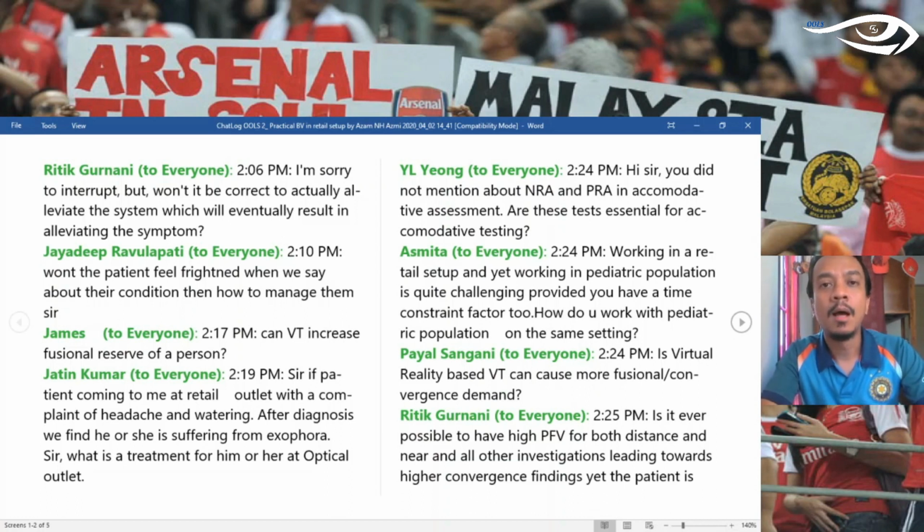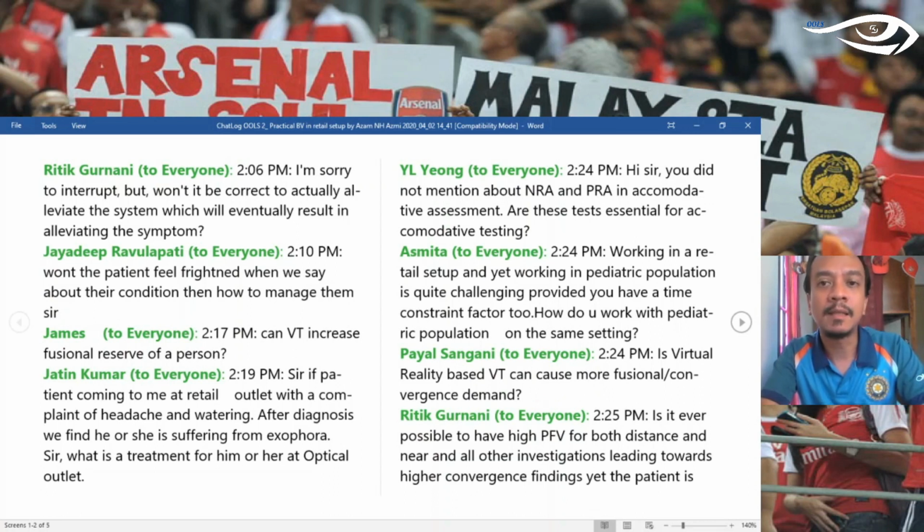So I try to figure out the best test possible that can give you almost every piece of information that you require to make a proper diagnosis of the non-strabismic binocular vision disorders.